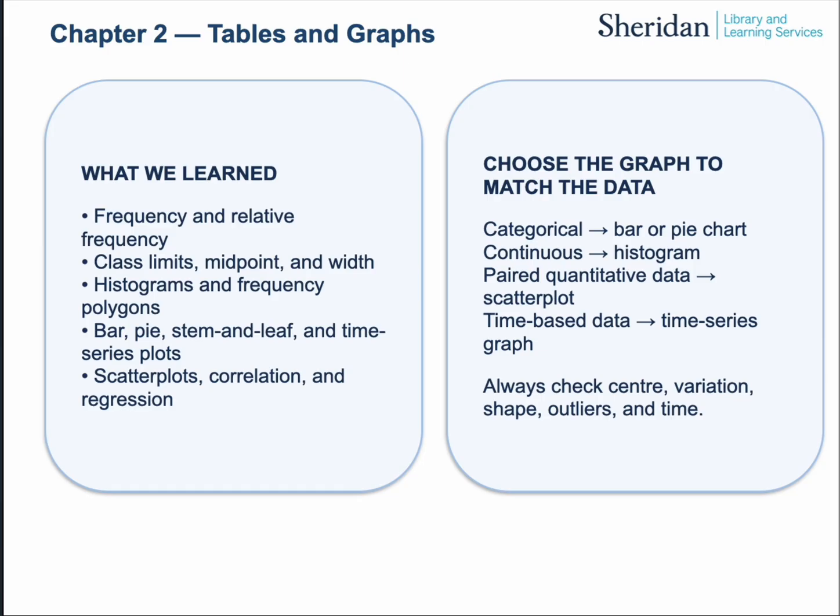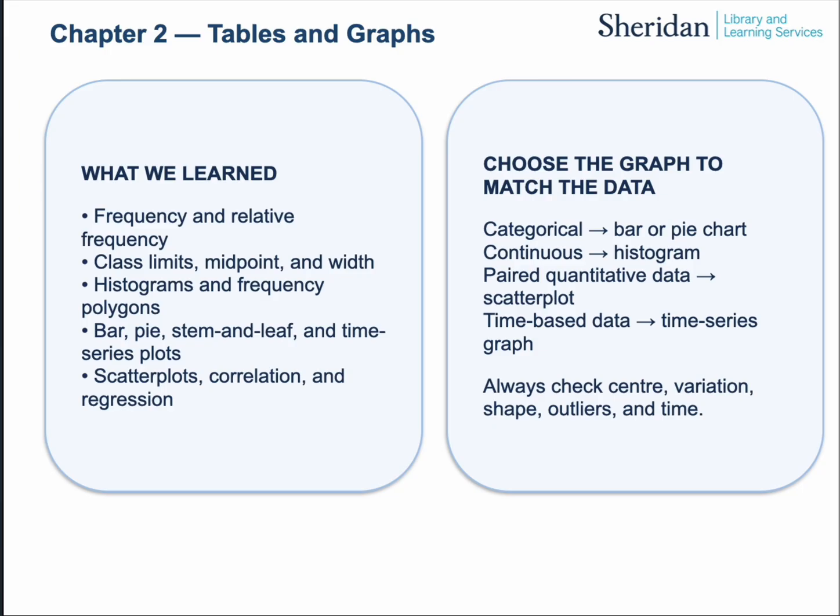If we're interested in how data changes over time, such as monthly sales or daily temperatures, a time series graph is the best option. Finally, when we're studying the relationship between two quantitative variables, such as hours studied and exam scores, we use the scatter plot. Scatter plots are especially useful because they allow us to examine correlation and identify possible trends between variables.